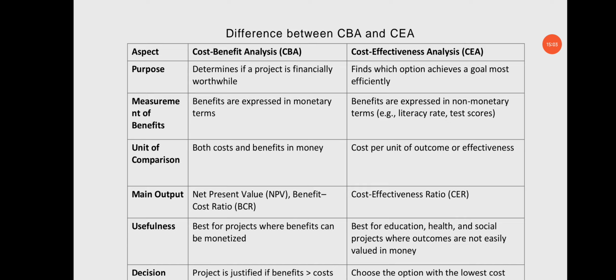Main output: in cost benefit analysis, the main output is net present value (NPV) and benefit cost ratio (BCR). The main output in CEA, cost effectiveness analysis, is the cost effectiveness ratio (CER). Usefulness: CBA is best for projects where benefits can be monetized, and CEA is best for education, health, and social projects where outcomes are not easily valued in money.